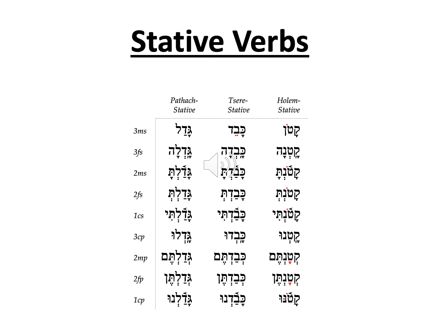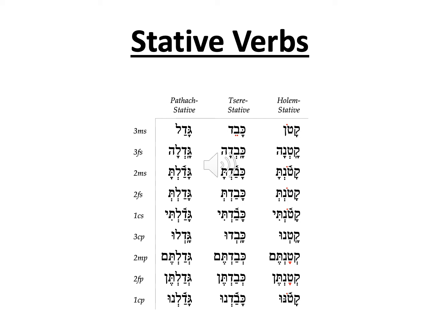These are the three main types of stative verbs with the entire paradigm written out. The ones with patach that are stative will have patach under the second letter, and the paradigm will look identical to the normal strong verb. Those with tsere will have tsere in certain stems, but will also look identical in almost every other stem, except the third masculine singular, also having patach under the second letter.